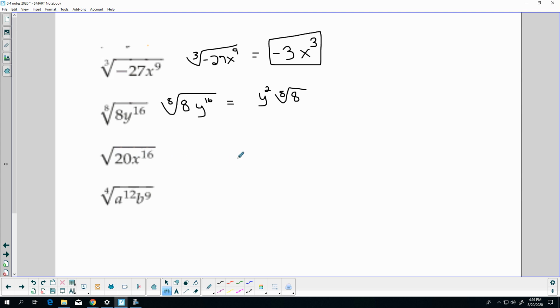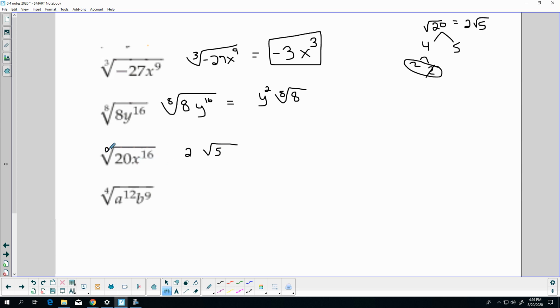On the third example, I've got the square root of 20. And if I do a factor tree on that real quick, it's a square root. My index is 2. If I simplify the square root of 20, it's 2 radical 5. So I'm going to have a 2 on the outside and a 5 underneath. Now I want to look at my variables.